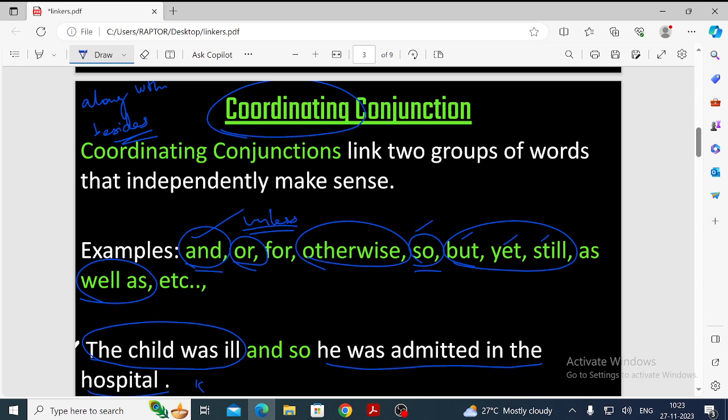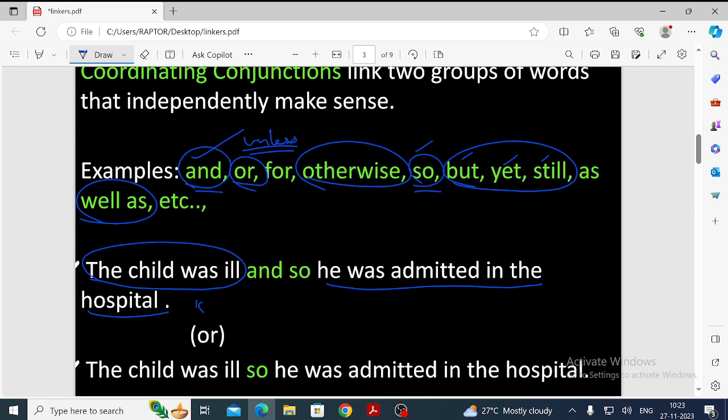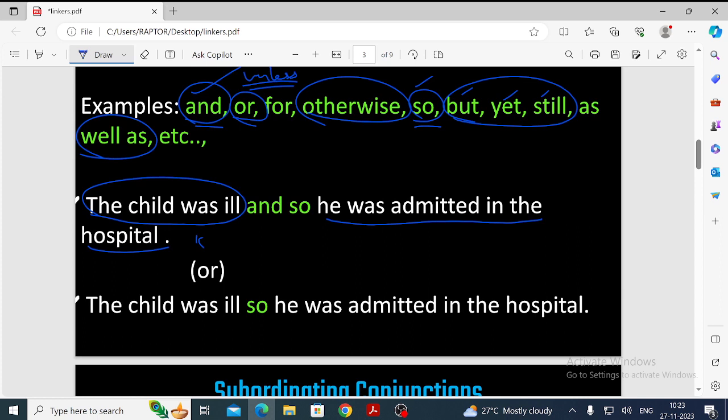So here we have the example. The child was ill, and so he was admitted in the hospital. Or else the next statement, the child was ill, so he was admitted in the hospital.